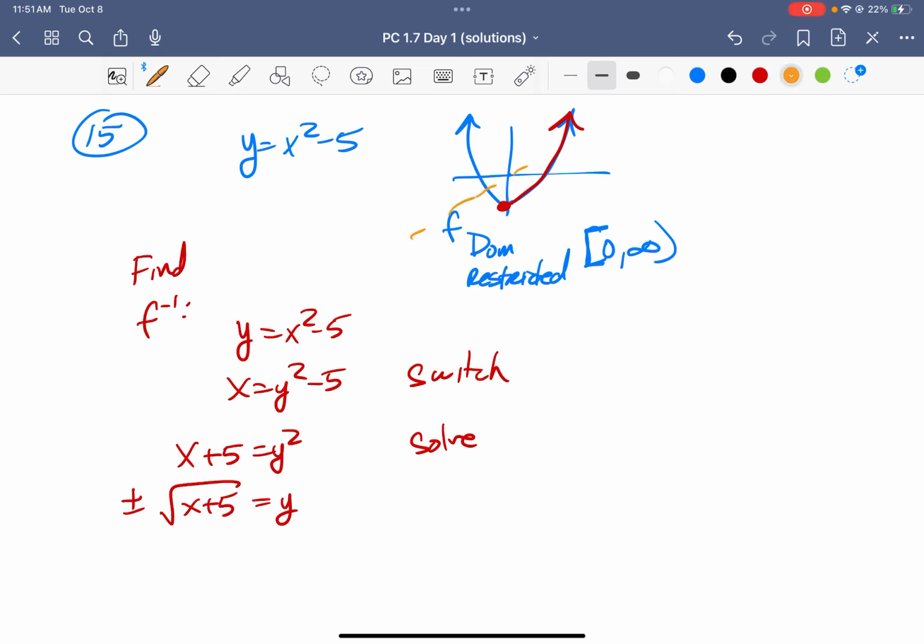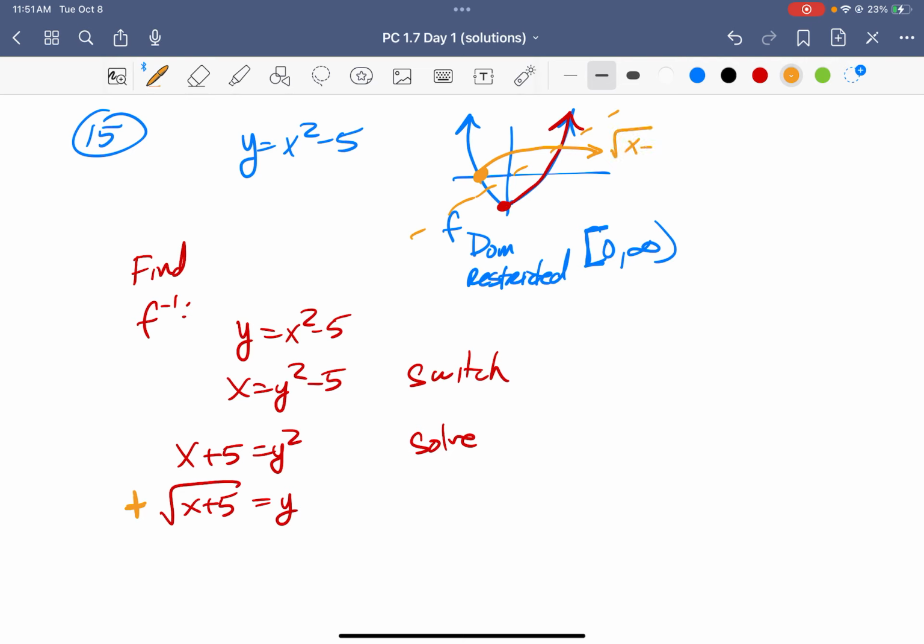I think it's pretty clear here that this is 0, negative 5, this is negative 5, 0. I think our inverse function is going to look like that. It's definitely going to be the positive version.